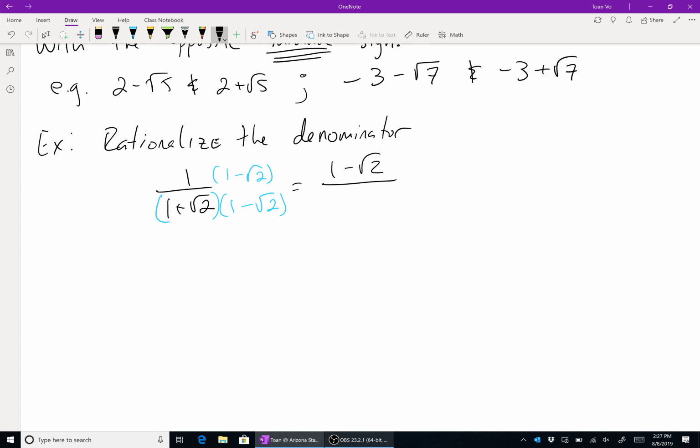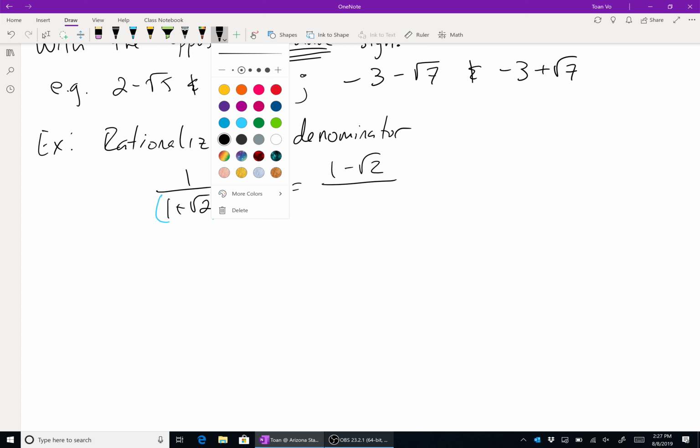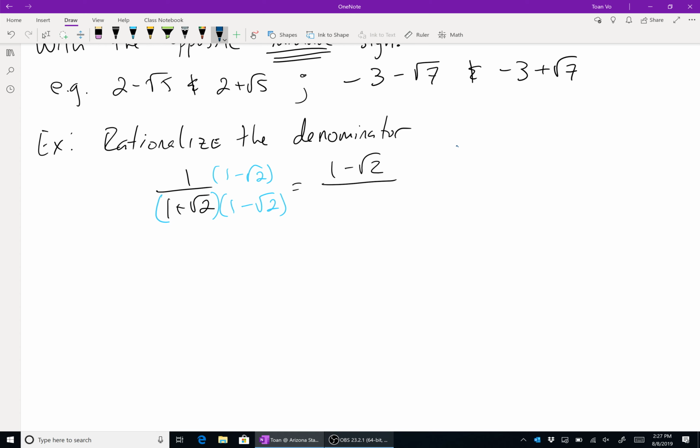Now in the denominator, you could FOIL, but you should not have to. We choose conjugates for a reason. So recall, when you multiply two conjugates, the same binomial but one's minus, one's plus, you shouldn't have to draw all those arrows and tunnels. It's simply the first guy squared minus the second guy squared.